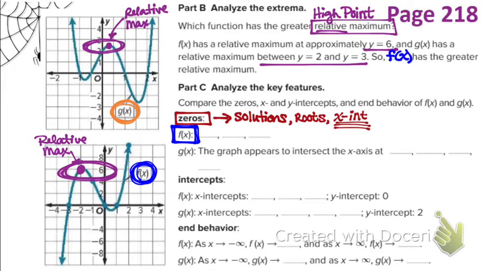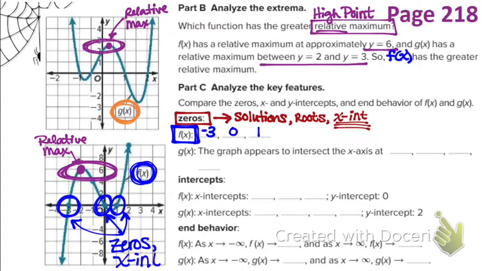At -3, 0, and 1. Right here. Right here. You need to be writing this down with us, sir. And right here. These are my zeros. It's just the same things as my x-intercepts.